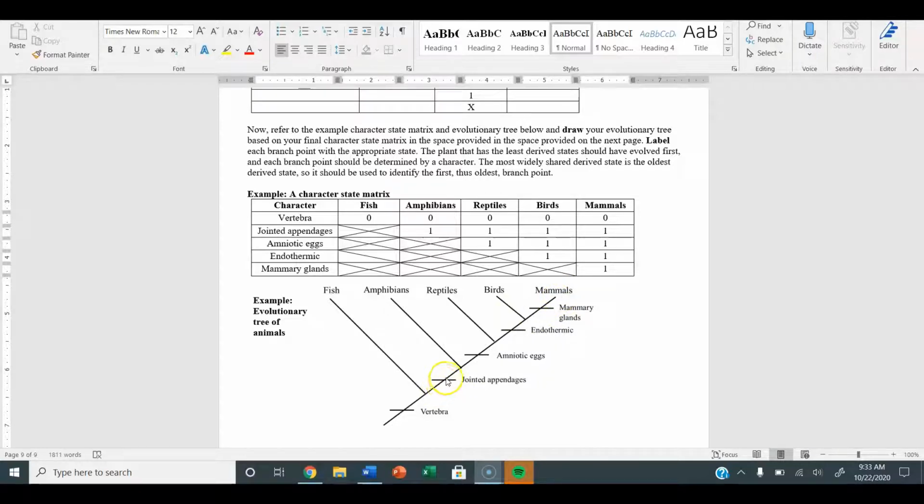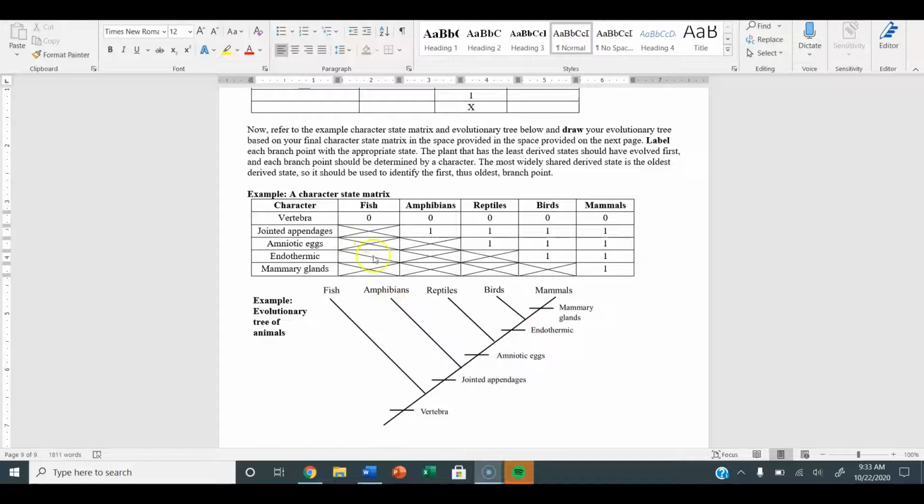The same thing, we get another evolutionary advance. The amniotic eggs evolved. The organisms that didn't form amniotic eggs are the amphibians, so they branch off. They don't have those, but every organism from here on up does.